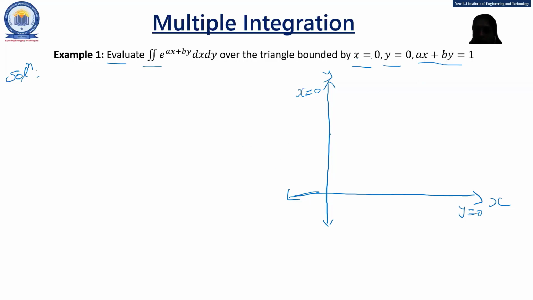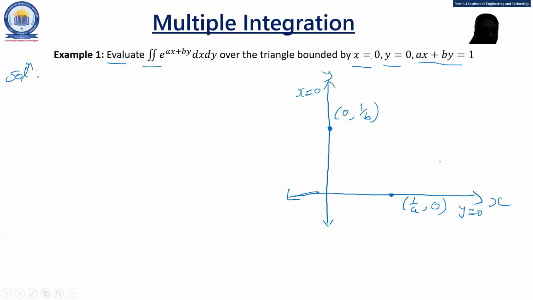So suppose we have two different points. One point is here, the other point is here. This point is x equal to 0, and y is 1 upon b. And this point is x equal to 1 upon a, and y is 0.